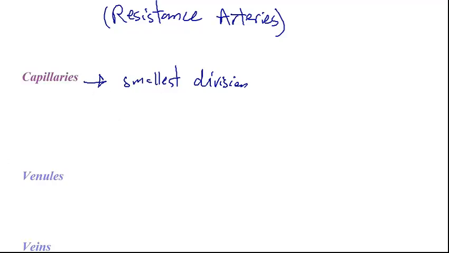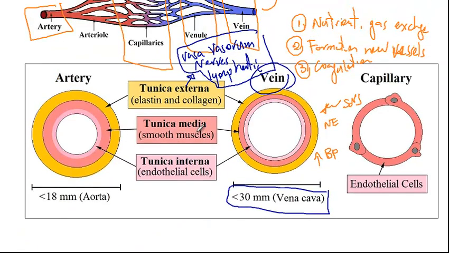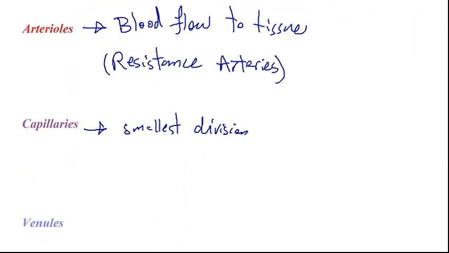Because assume if the capillaries had smooth muscles or the tunica externa, then it wouldn't have been easy for molecules to go across the endothelial cells. But this thin layer of overlapping endothelial cells allows easy exchange of gas and other nutrients.